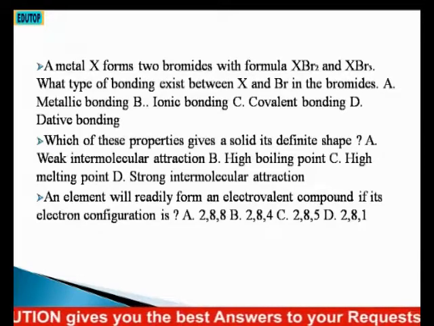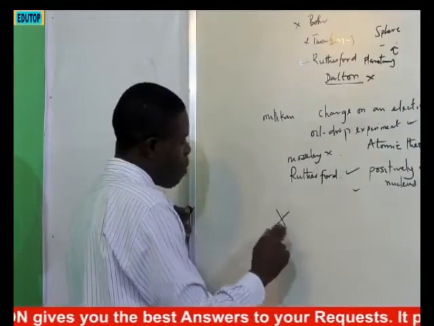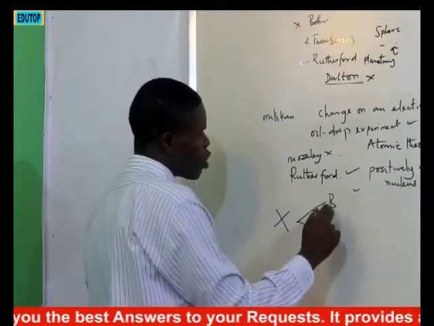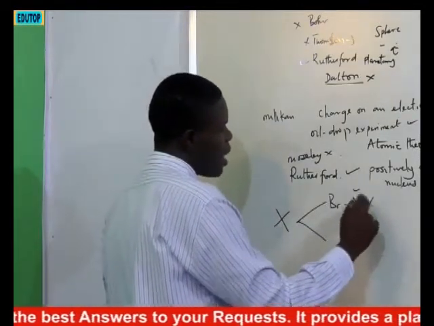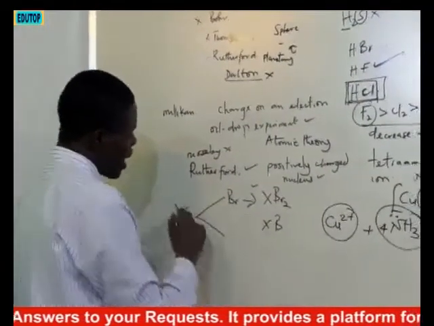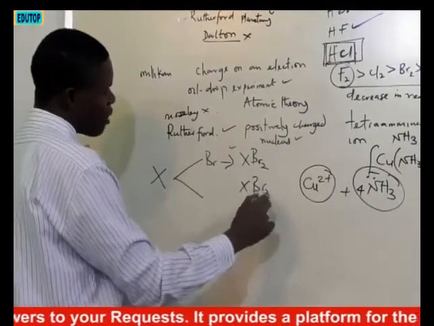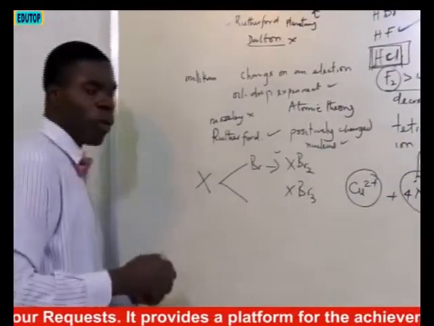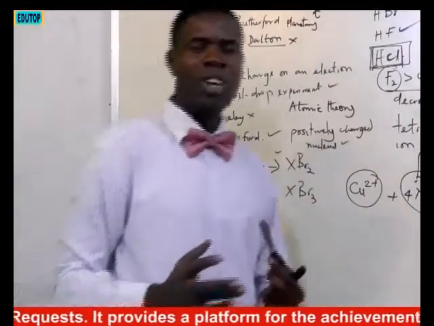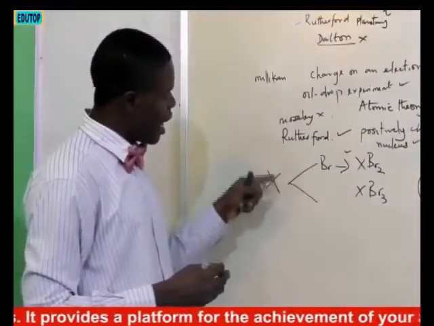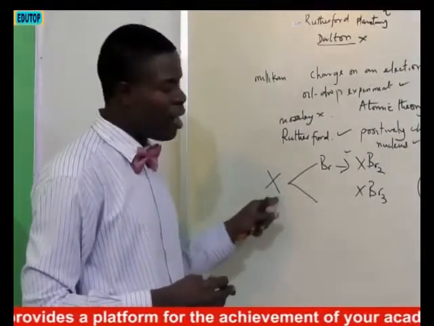I said it earlier that when you have a combination between a metal and a halogen forming XBr2 and XBr3, it is only a transition element or metal that can exist like that, because they are characterized by variable oxidation state.